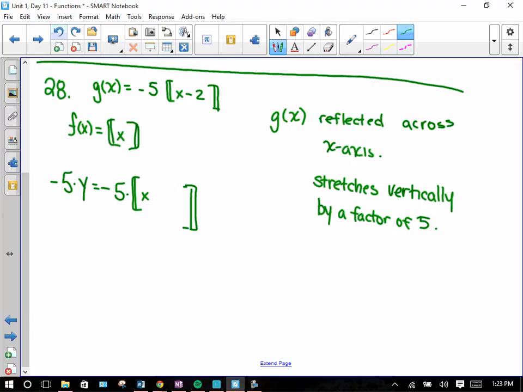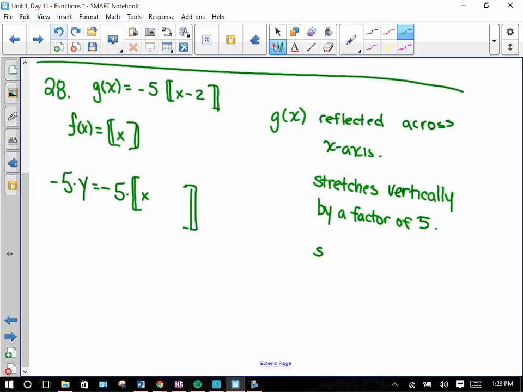Right, now, we said if we take this x and we replace it with something, it's moving left to right. If we put the minus sign or a plus sign outside of that original function, it's moving up and down. What happened here? This x minus 2, yes, it's moving right.